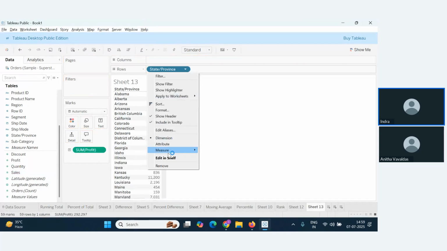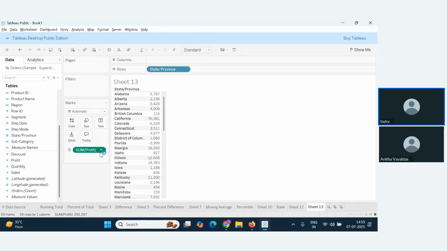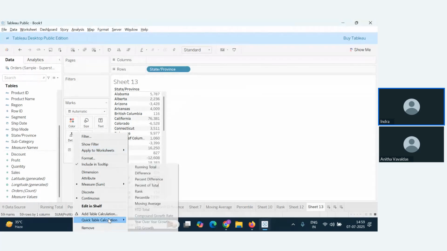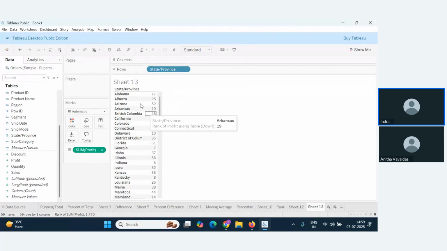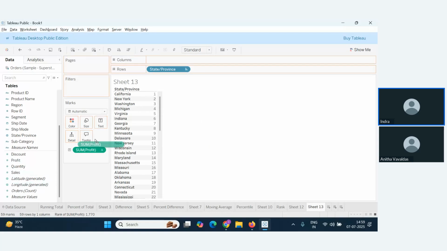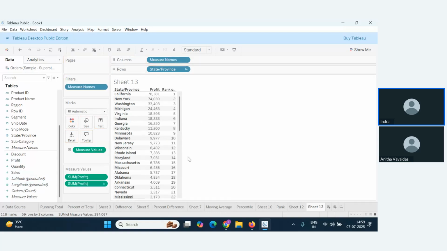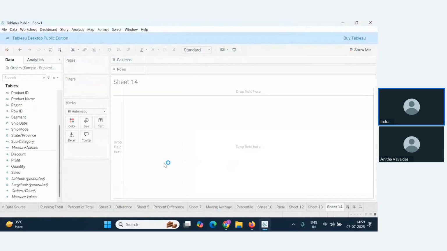Now I will try to find out the rank with profit. You can see California is on the highest profit, followed by New York and Washington. This is the ranking for it.